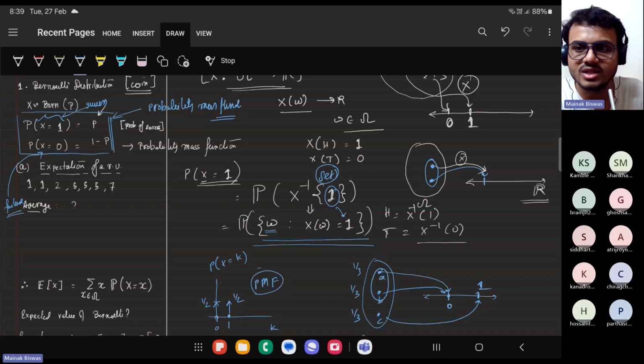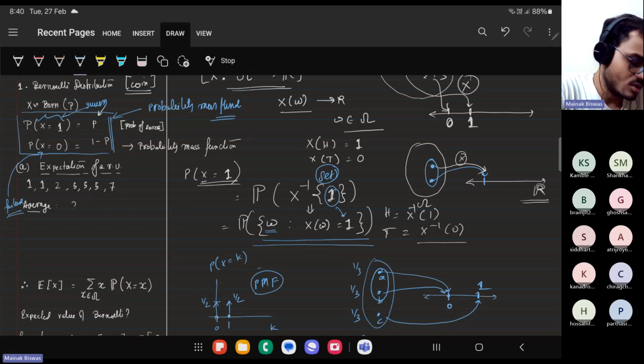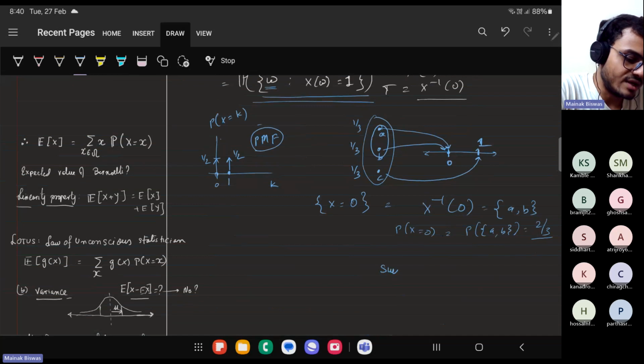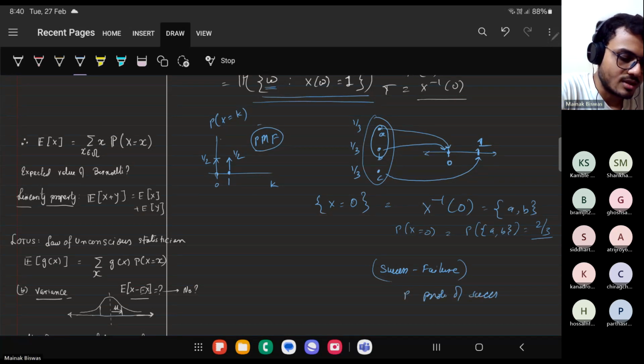Of course, they can have a probability of success. If 80% of times you succeed, then for Bernoulli that is 0.8, right? So a success-failure experiment with a probability P of success. Success is mapped to 1 and failure is mapped to 0 using x.